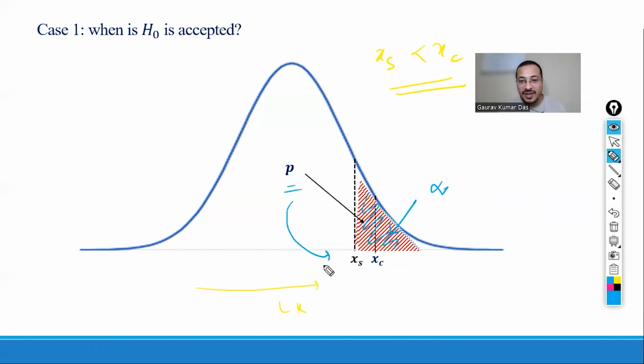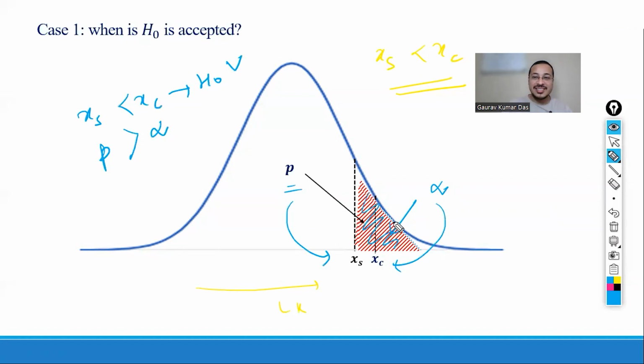P value is given by XS and alpha value will be given by the XC and vice versa. So if we compare either way, XS less than XC, my null hypothesis is accepted, or if my P value is greater than alpha, because if you look at the area of P, the lesser the value of XS, the more the area of P value, and if my P value is greater than alpha, again my null hypothesis will be accepted.